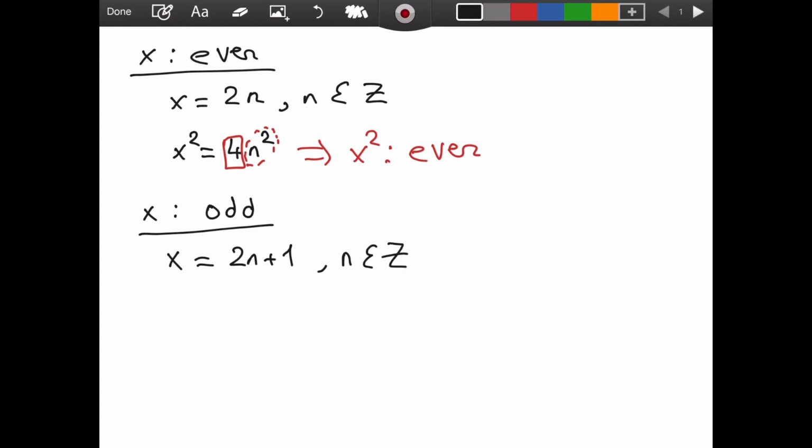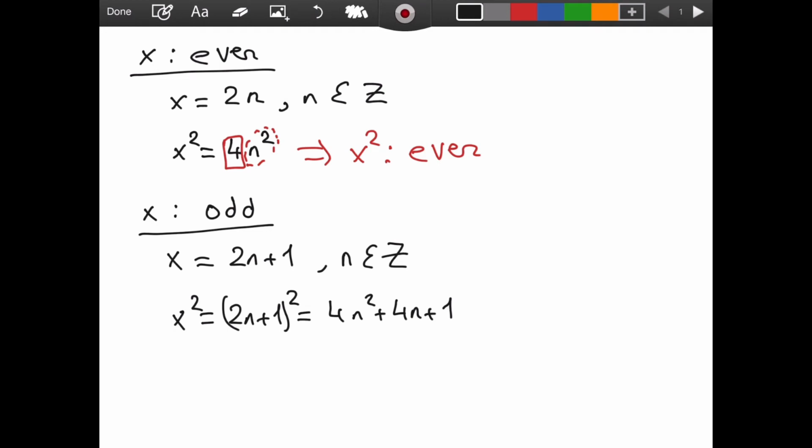If I take the square again on both sides, I will have x squared is equal to (2n plus 1) squared. And if I expand the square, I will have 4n squared plus 4n plus 1. You can check that this in fact is correct. I would suggest checking that if you don't agree with me.